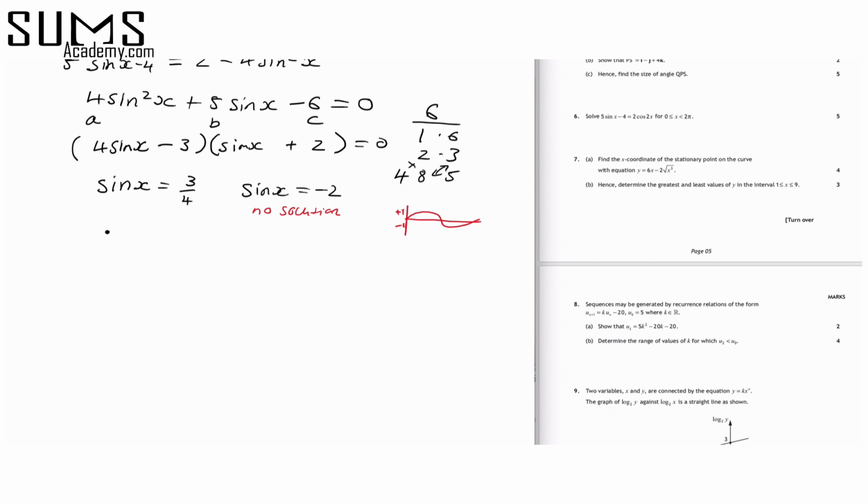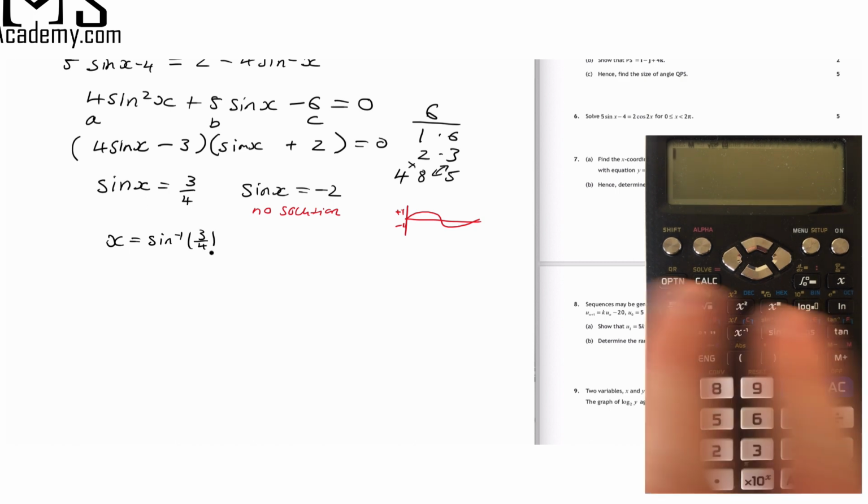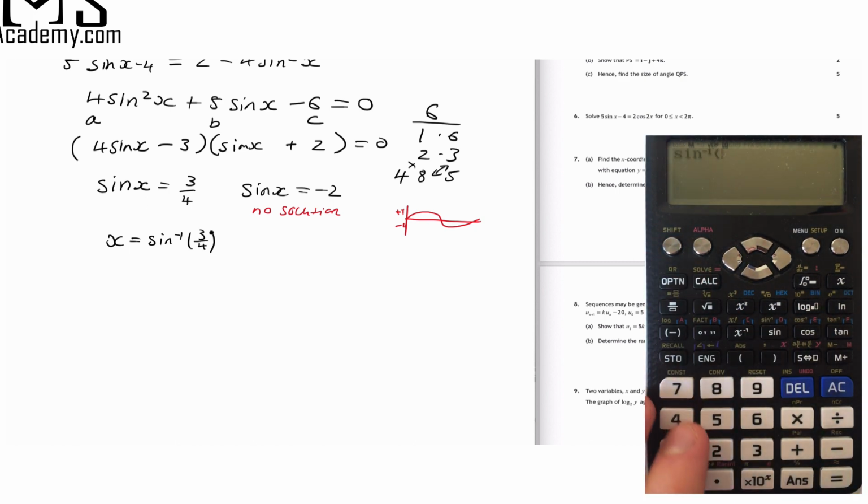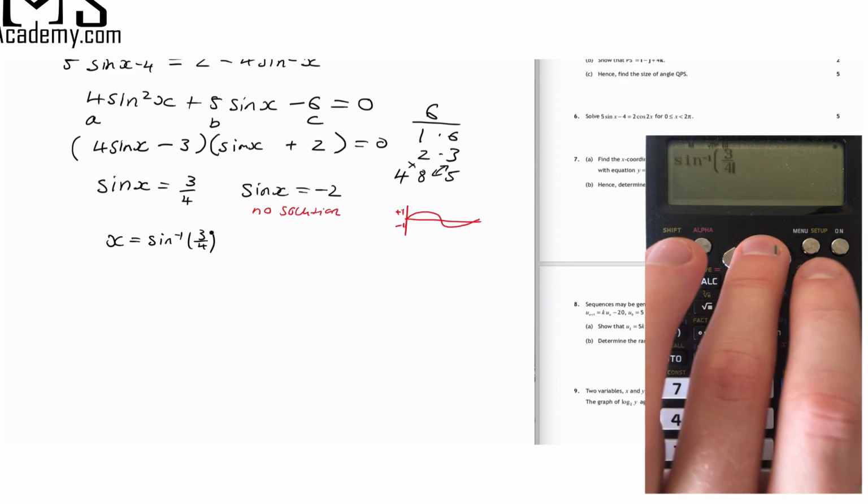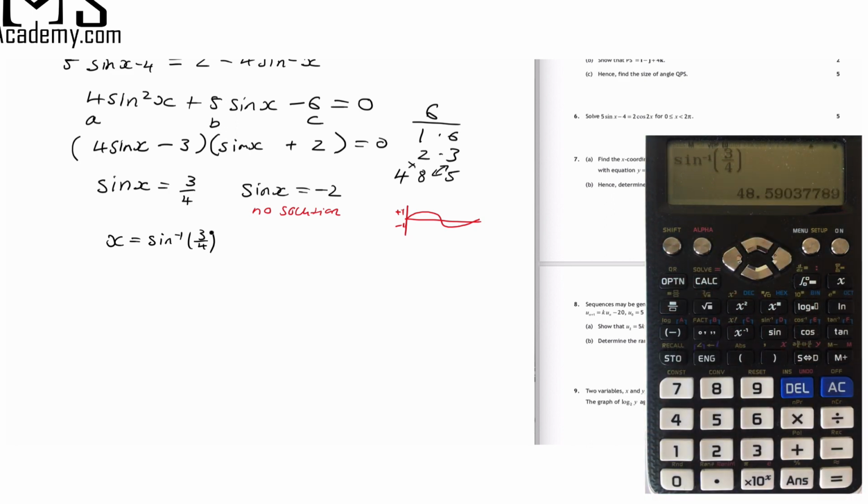So x is equal to sine minus 1 of 3 over 4, which is equal to 48.59 degrees.